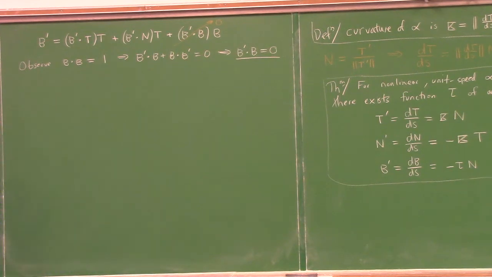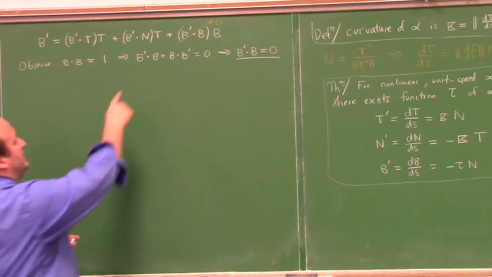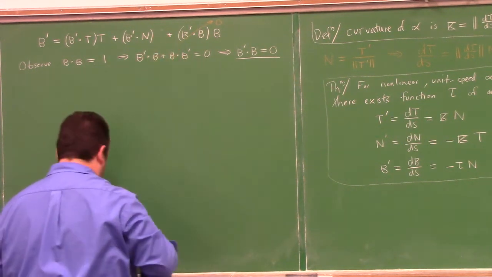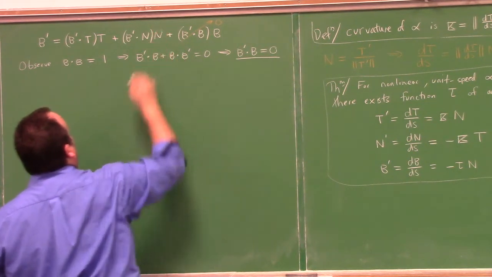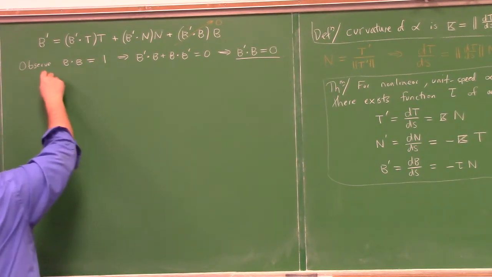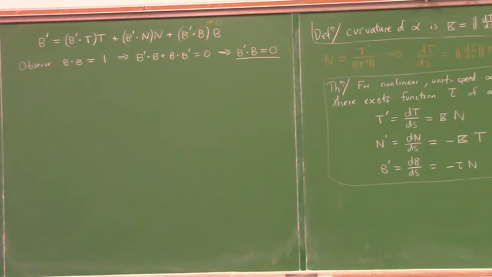Now I want to get my pause on the T component. This is junk right here. That was supposed to be what? N. Thank you. Okay, so we know that B dot T is equal to 0, right?